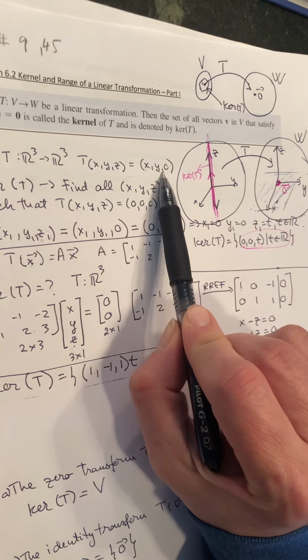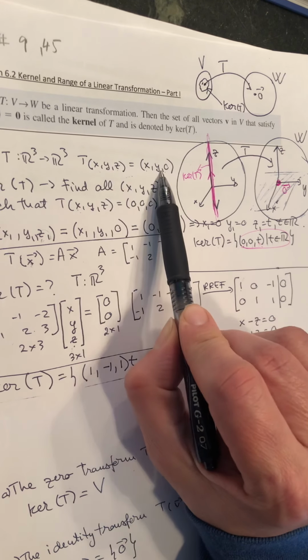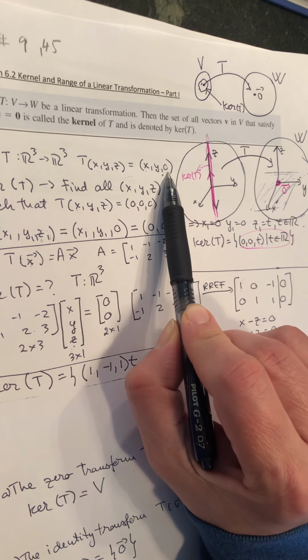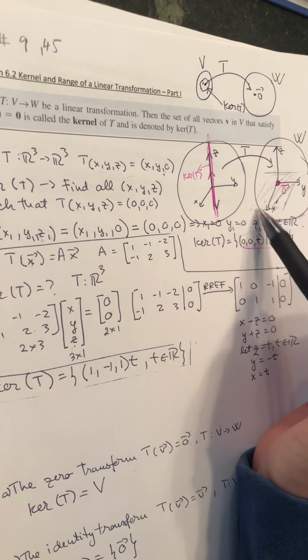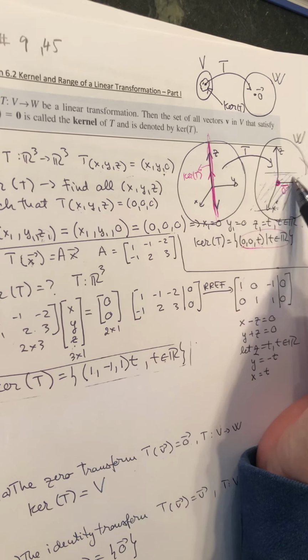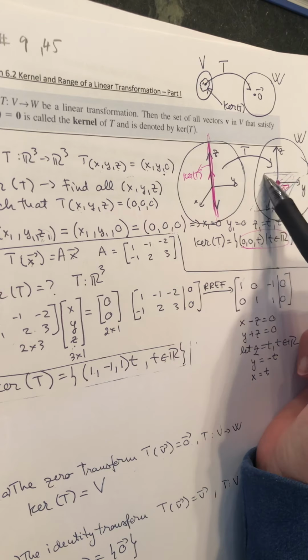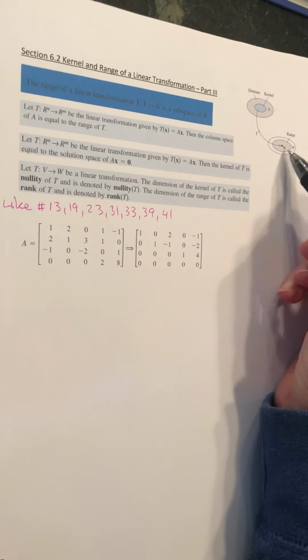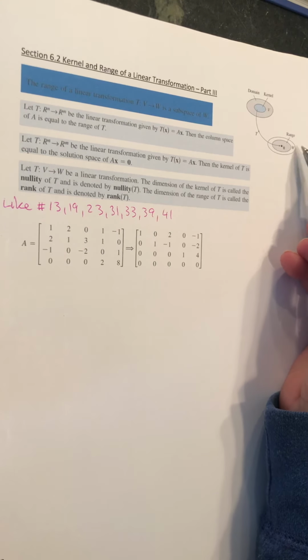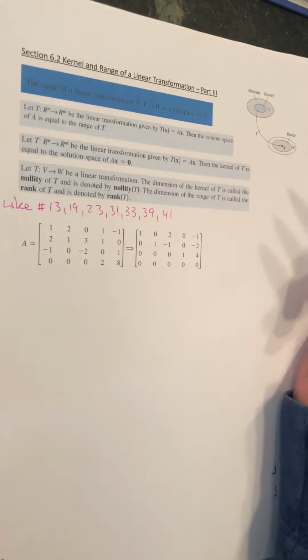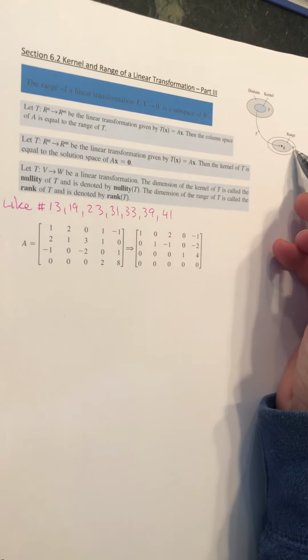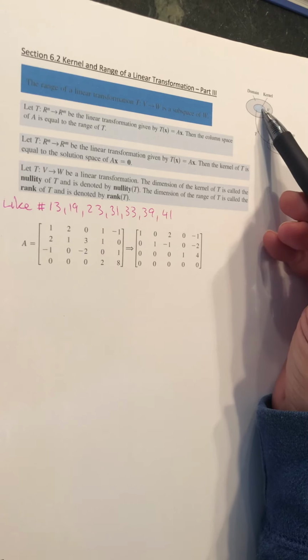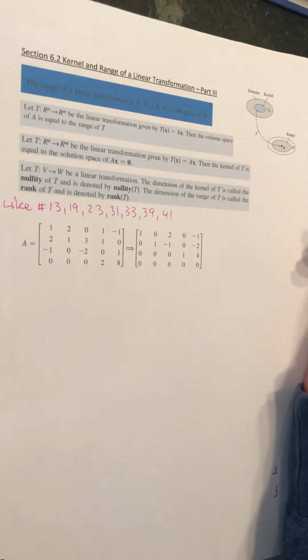So when we sent this R3 into XY0, the W, the vector space that the range was embedded in, is R3, but the actual dimension of the range was 2, because it spanned a plane. So the range can be smaller than W, and now we have this saying that it's a subspace of W. The kernel we saw in the previous video is a subspace of the domain V.